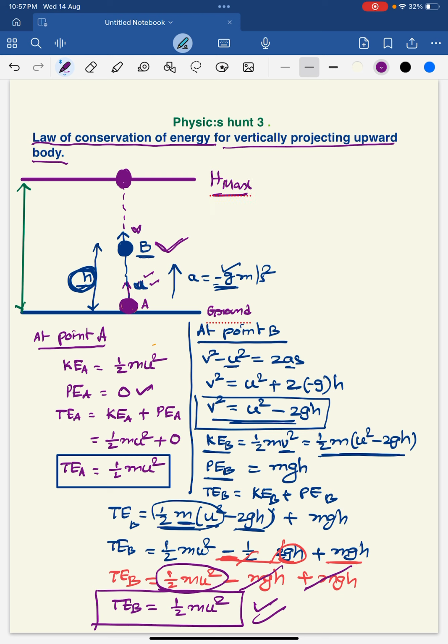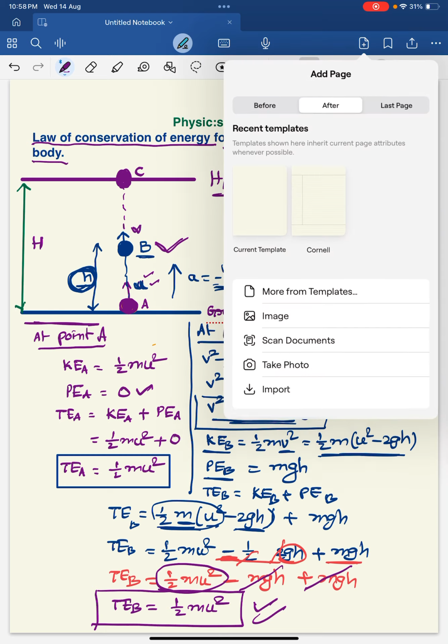From the ground the body acquires height capital H. We know that for a vertically projected upward body, the maximum height formula is H is equal to u square by 2g. This equation is studied in the motion in a straight line chapter itself. Now let us assume the position of the object reaches point C. Let's see what will happen.